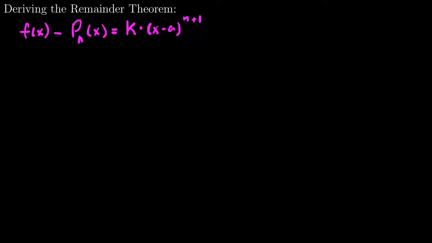Now, in here, this is an nth degree polynomial, so if we take n plus 1 derivatives, this is going to go to 0 at the n plus first derivative because we keep on taking derivatives, but once I get past that nth power, it goes to 0.